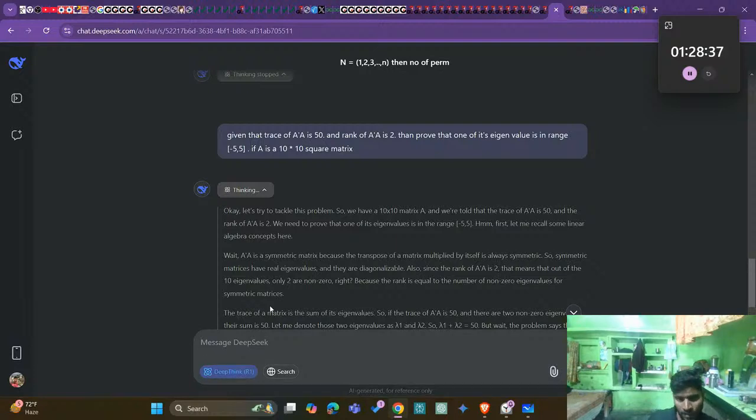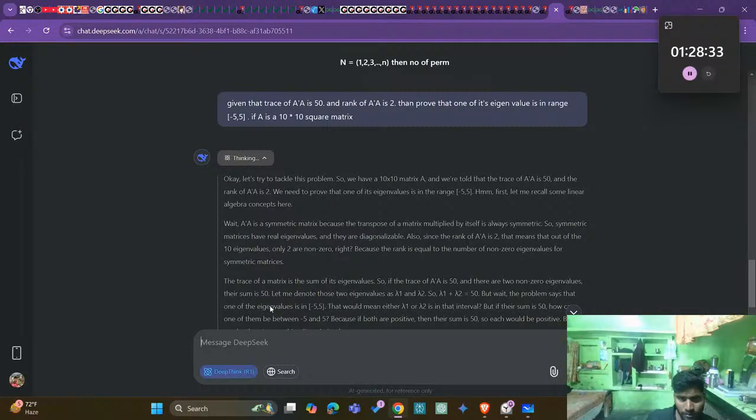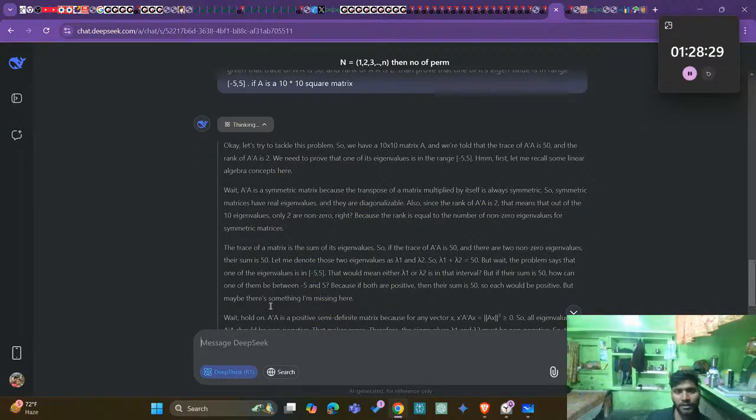We need to prove that one of its eigenvalues lies in the range minus 5 to 5. Let me recall some linear algebra concepts. A transpose A is a symmetric matrix because the transpose of a matrix multiplied by itself is always symmetric.